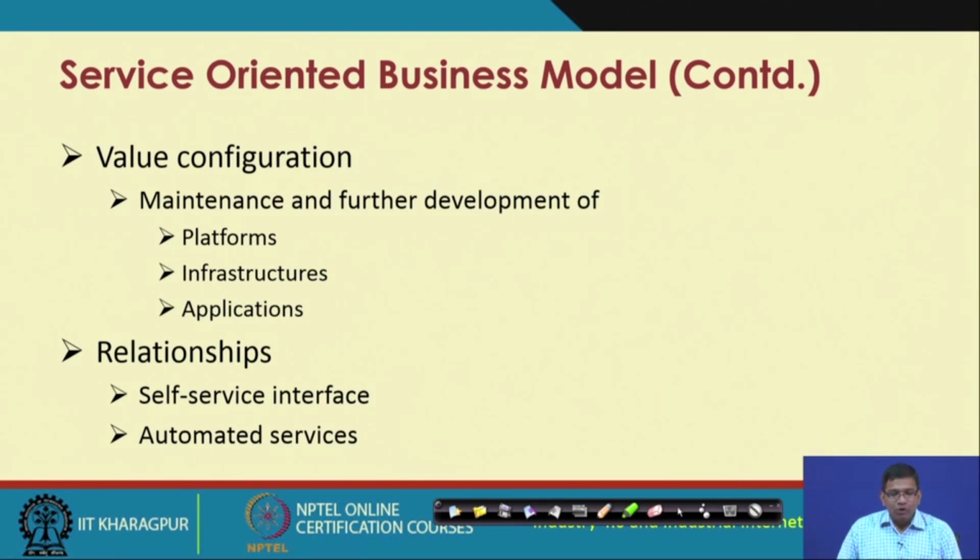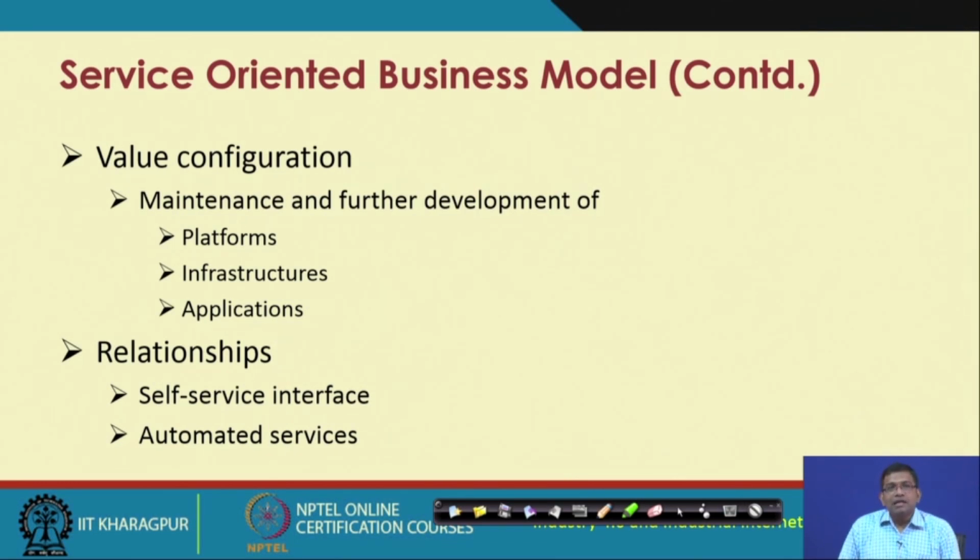With respect to value configuration, the maintenance and further development of the platforms are very crucial in this kind of business model. The infrastructure, the platforms, the applications, the maintenance of them, and not only maintenance, but further development, these are very important in the service oriented business model.